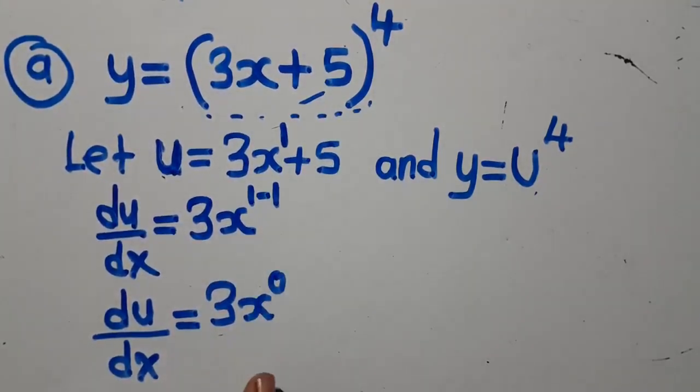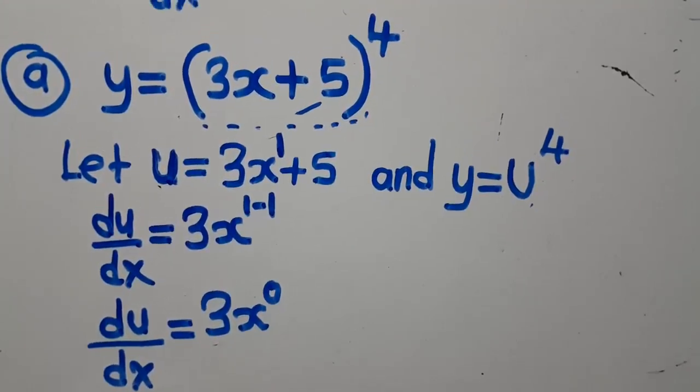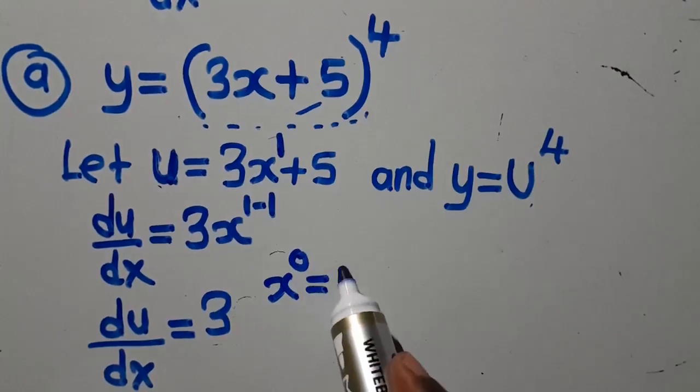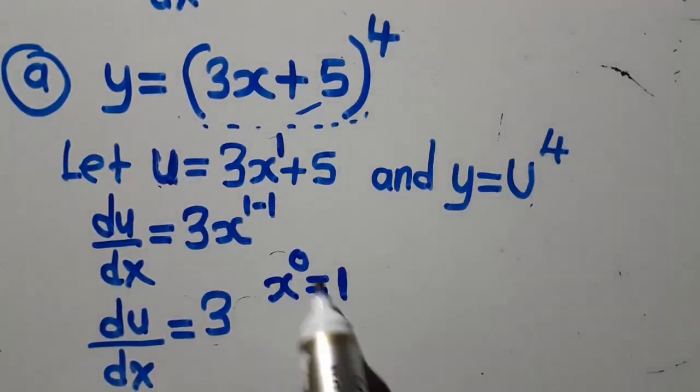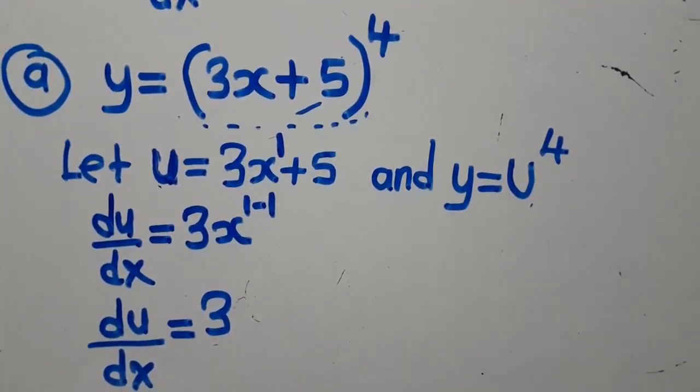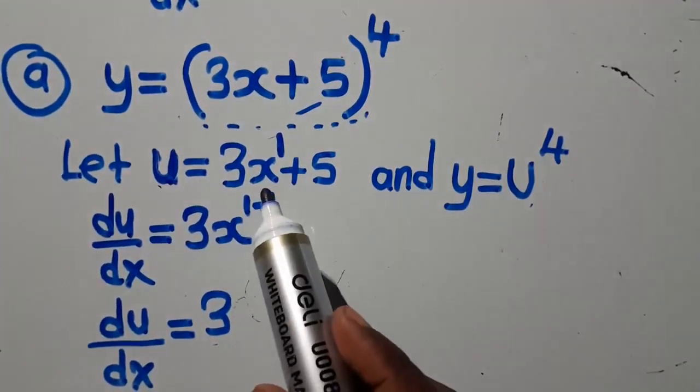But you know that anything raised to the power 0 is 1, so it's just 3 times 1, you get 3. So you just forget about the x to the power 0. We found the first answer.